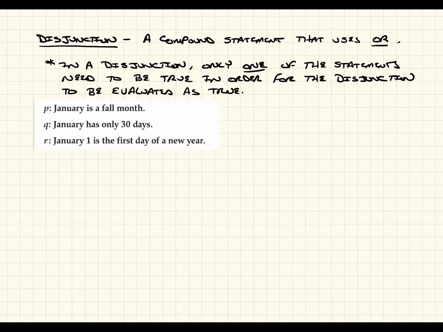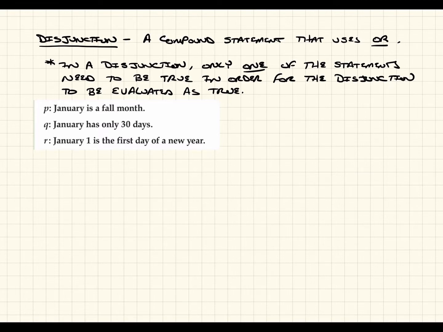So again, we have three statements. Statement P is that January is a fall month. Statement Q is that January only has 30 days. And statement R is that January 1st is the first day of a new year. Let's evaluate those individual statements by themselves.